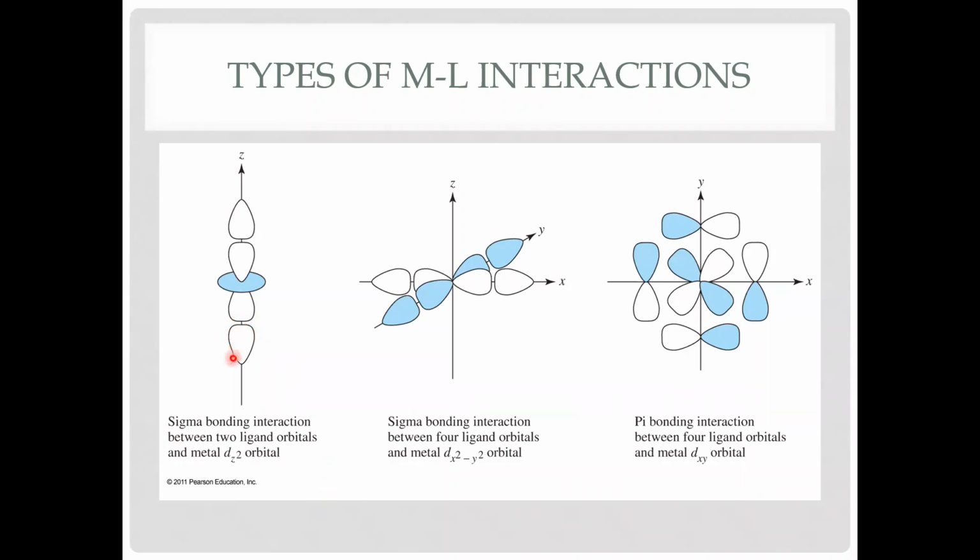On the far left, this is a lone pair coming from a ligand, and they're coming in onto the DZ squared orbital directly. So we get nice overlap, good overlap there because they're pointed directly at it. And then around the sides, I can get the other orbitals coming in and interacting. Now I'm showing the bonding sense here, so these would end up being more ligand-like in character.